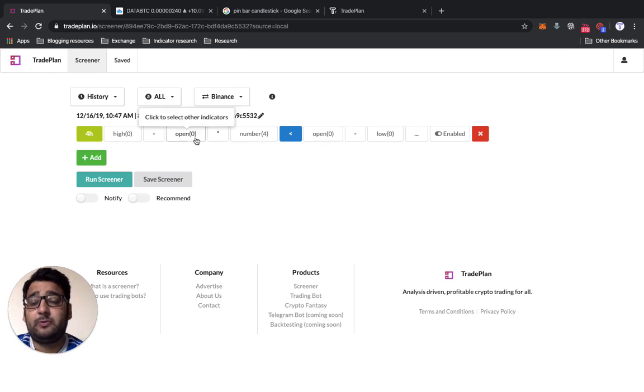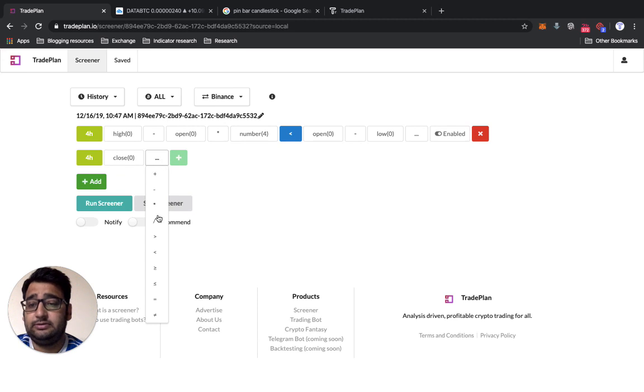And remember one more thing, guys. The way the multiplication works is the first two actions there will be fulfilled first, and that result will then be multiplied with the next value. So if you have addition here, those two will be first added, then that value will be multiplied with the next value. So the next thing I will say is, as we saw, close is greater than open.